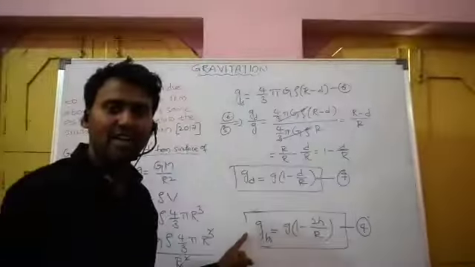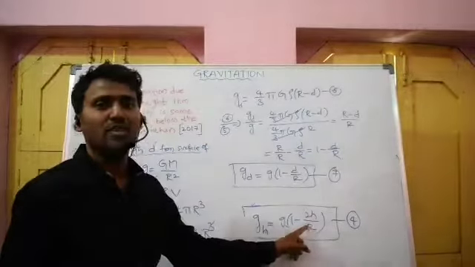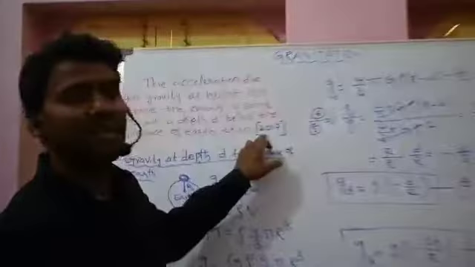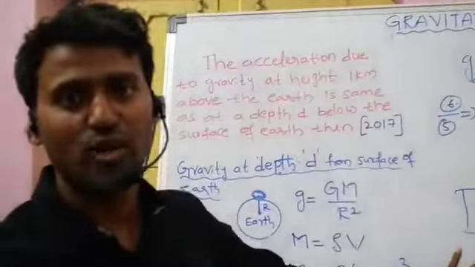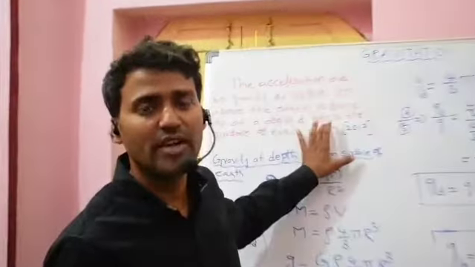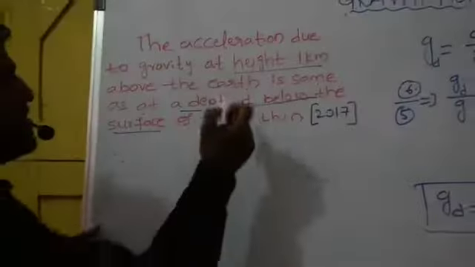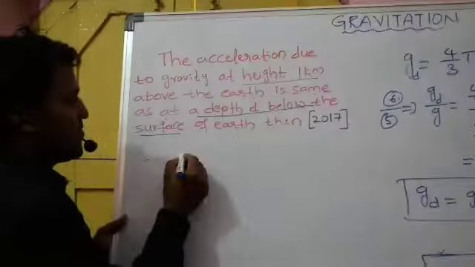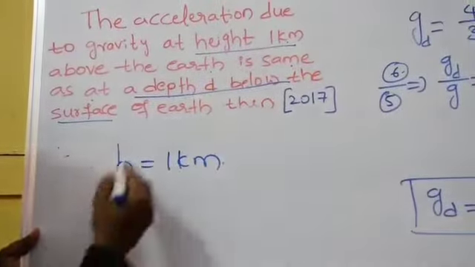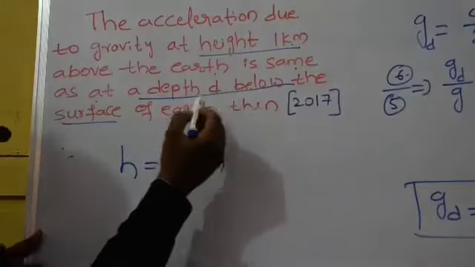And this is the equation for gravity at a certain height. Based on these two equations we can solve the 2017 problem. Gravity at height 1 kilometer. So h is equal to 1 kilometer, as given, and what is the gravity at a depth d?